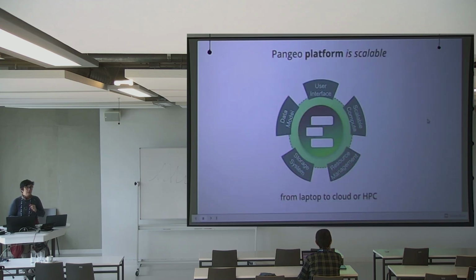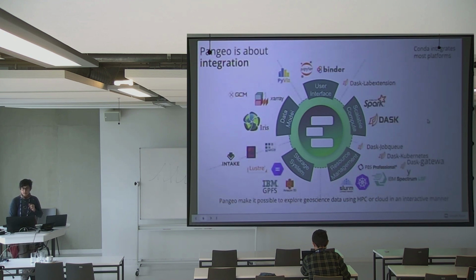So how do you make a platform scalable? You want to have modular components. If we start with the user interface, we usually access the Pangeo ecosystem via the Jupyter ecosystem. They don't have their own user interface; they are using JupyterLab or Binder.